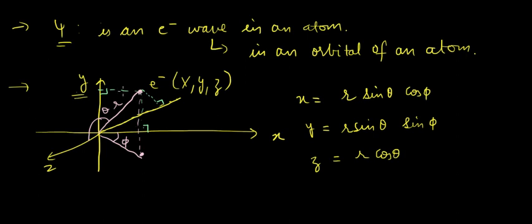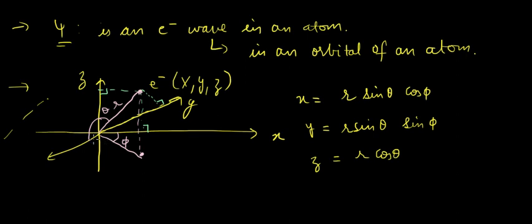Imagine that this electron is in the air somewhere, and this is the ground plane. Let me mark this as the y-axis and this as the z-axis, which is coming out of the plane. You can imagine that x and y are the ground, and the z-axis is in the air.